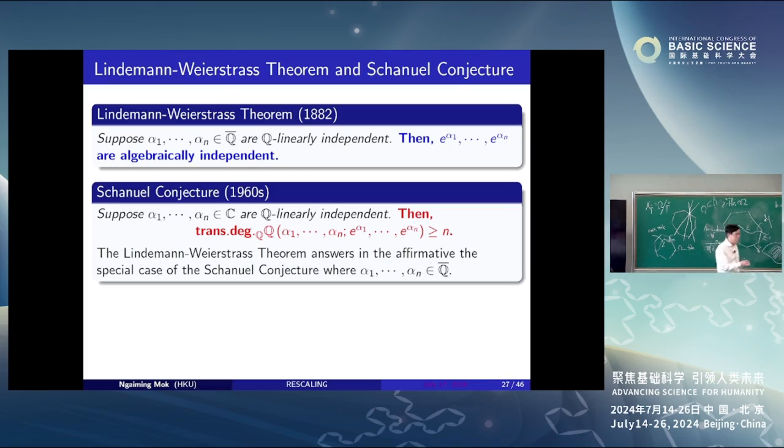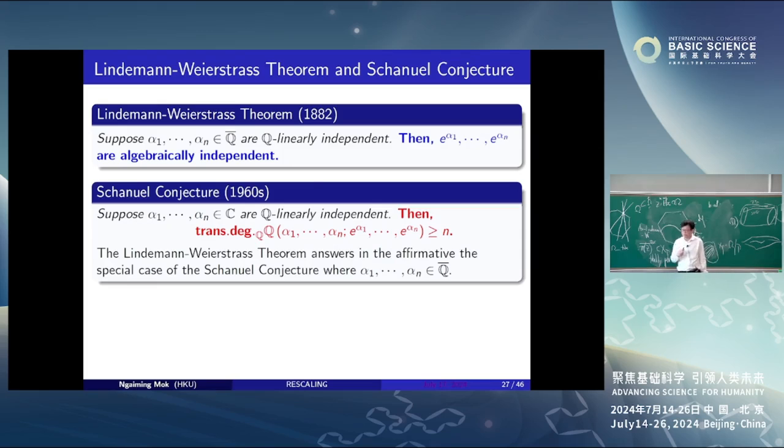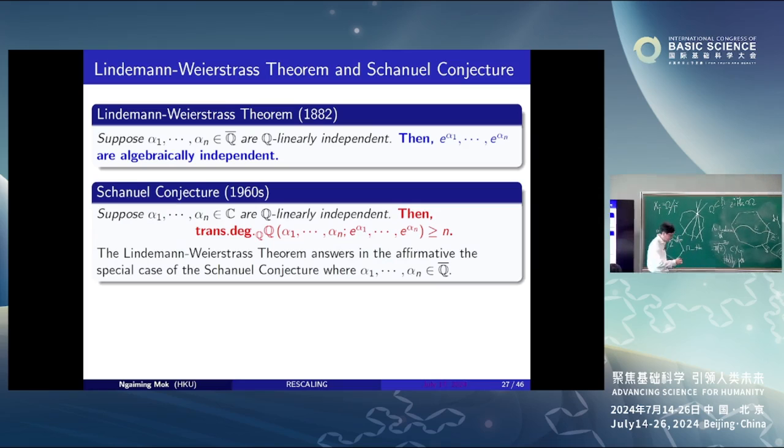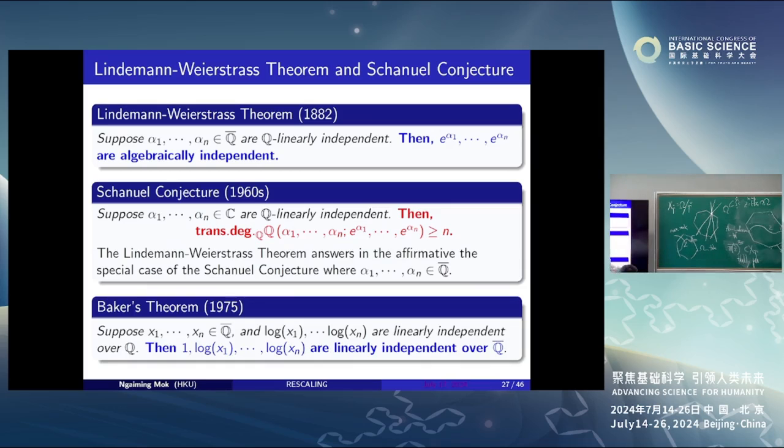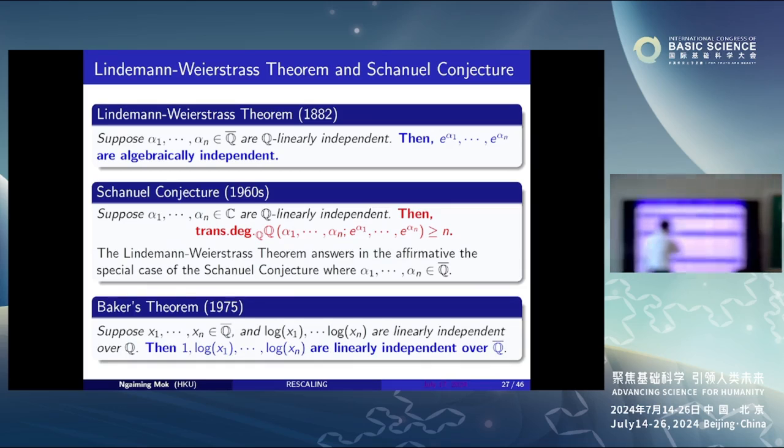And Schanuel also made conjectures about function fields. And the function field situation was solved by Ax. But then these function field analogs can be generalized to Shimura varieties, and it turns out that that generalization has a lot of implications in number theory. Let me just say that this is a very hard conjecture.